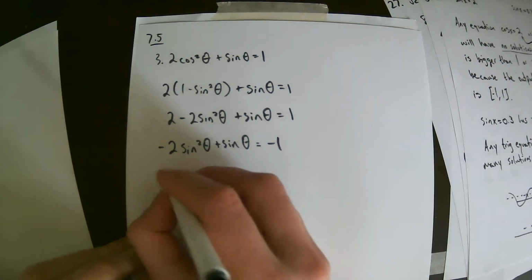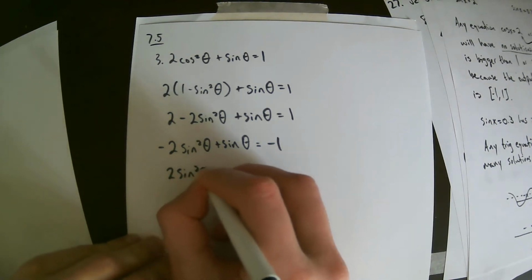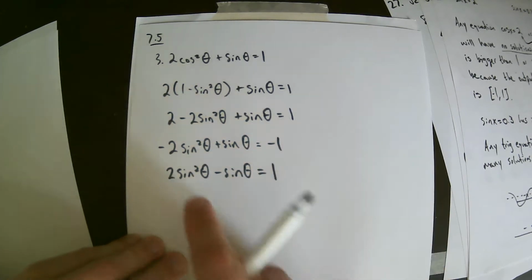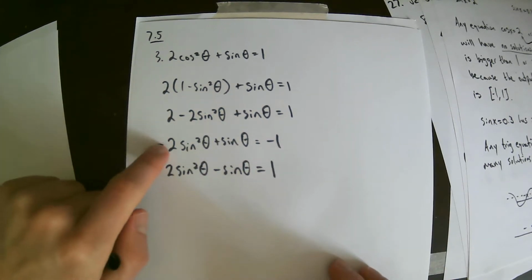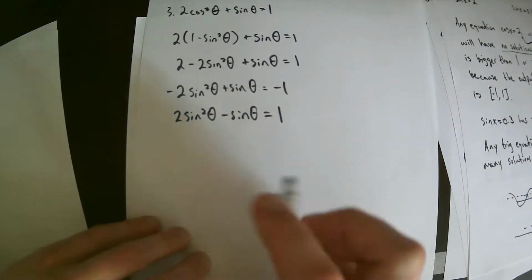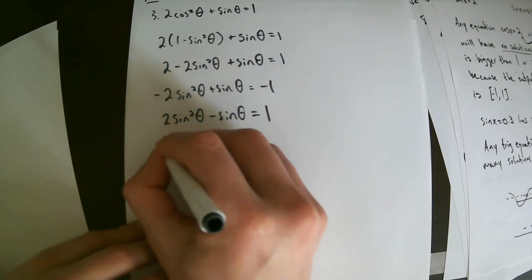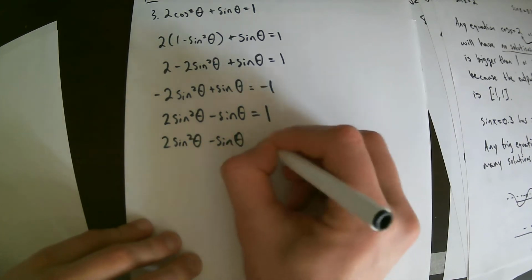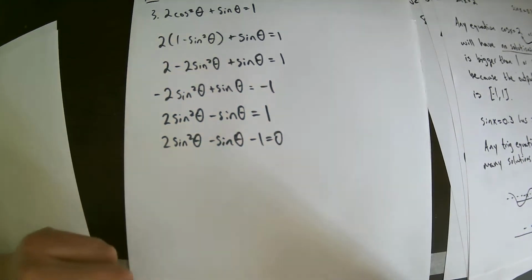And then 2 sine squared theta minus sine theta equals 1 by dividing everything by a negative sign to get rid of this leading negative. And then I can say 2 sine squared theta minus sine theta minus 1 is equal to 0.